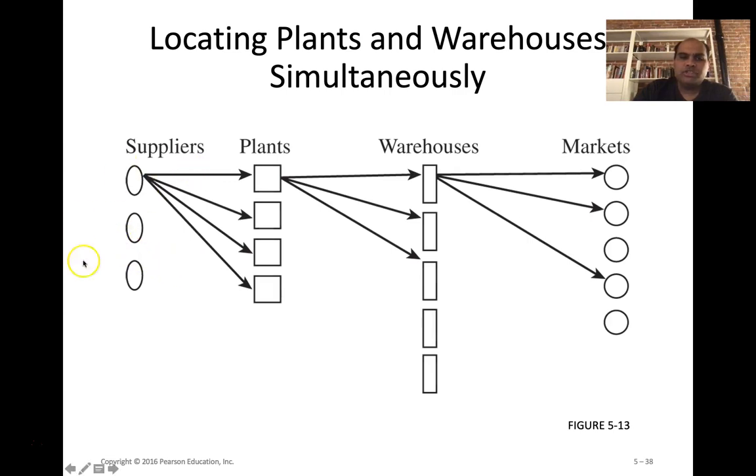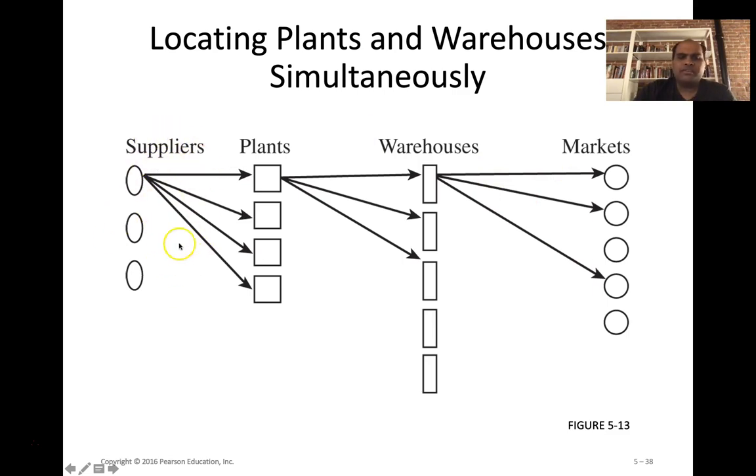Each of these parts of the supply chain between supplier and plants is one stage of the supply chain. This is the second stage and this is the third stage. Between each stage of the supply chain, you have to make decisions on how your materials are going to flow. So you have one set of x variables here, another set of x variables here, and a third set of x variables here.